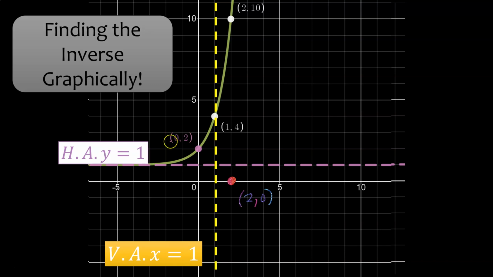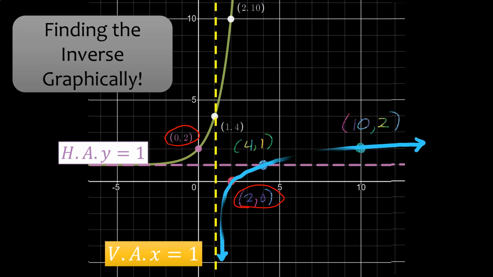The point (0, 2) will become (2, 0). The point (1, 4) will become (4, 1). The point (2, 10) will become (10, 2). And we have this graph here in blue.